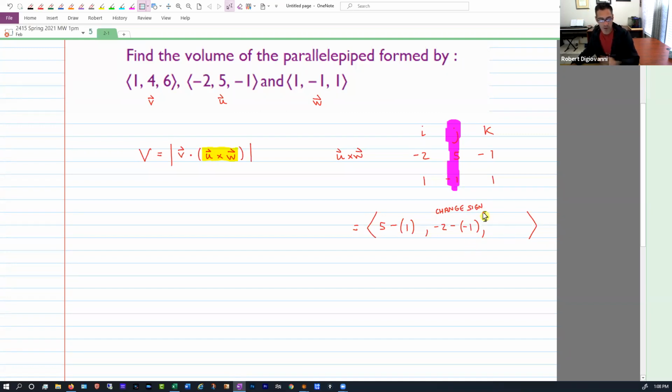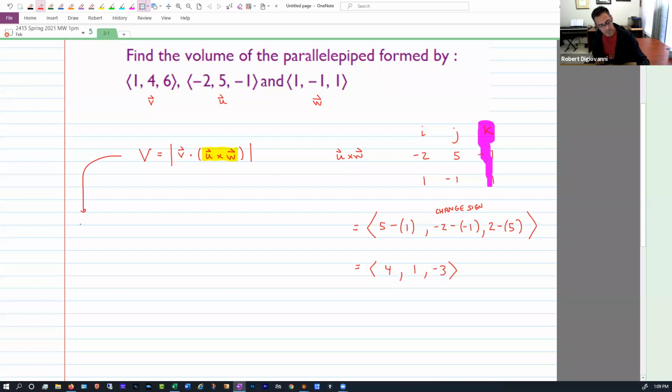And then the last one, I'm going to cover up the k and then do my little determinant here. So we get 2 take away 5. At the end of the day, the first component is 4. Then here, this gives us -2 plus 1, that's -1, but then change the sign, so that's 1. And 2 take away 5 is -3. So there's our cross product of those two vectors.